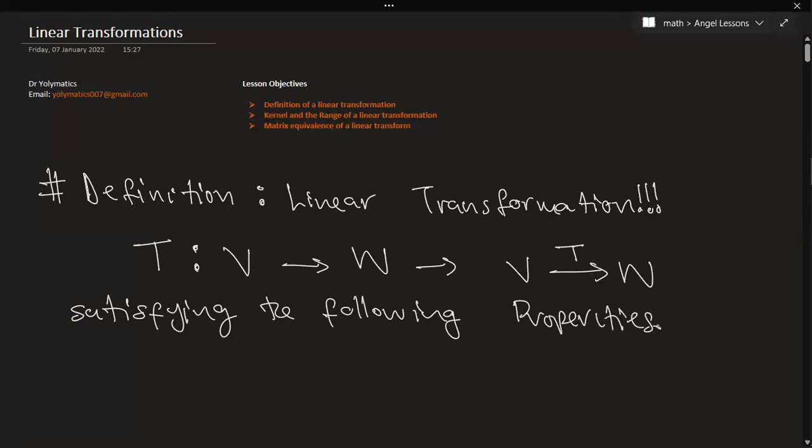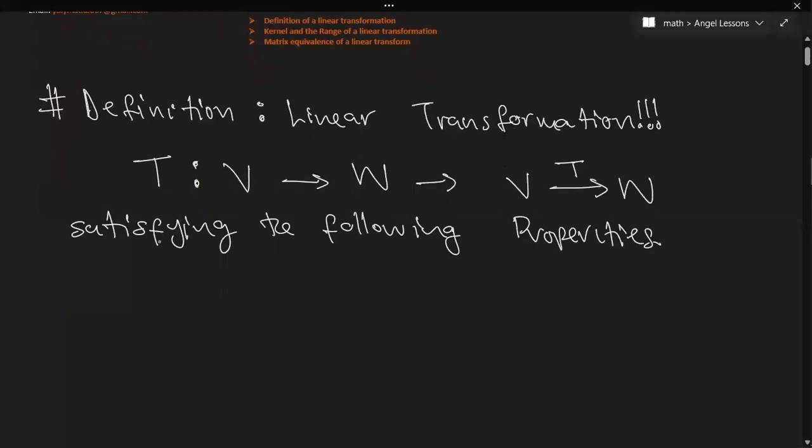What we refer to as a linear transformation must satisfy the following properties. A linear transformation must be such that if you give it the zero of the vector space V, it must produce the zero of the vector space W.